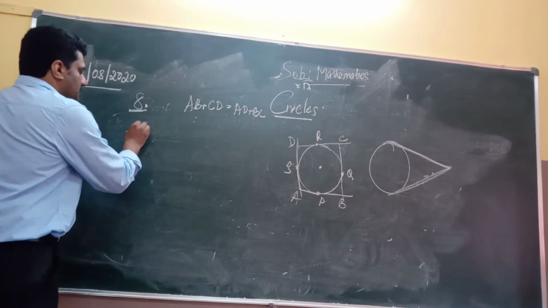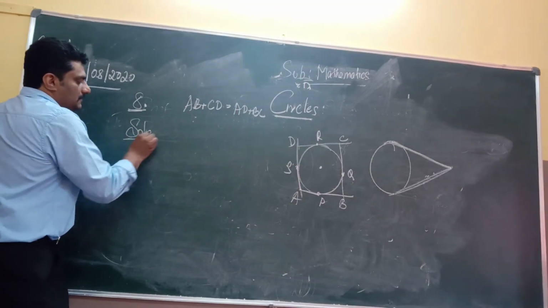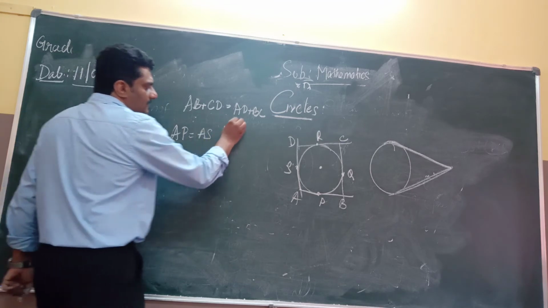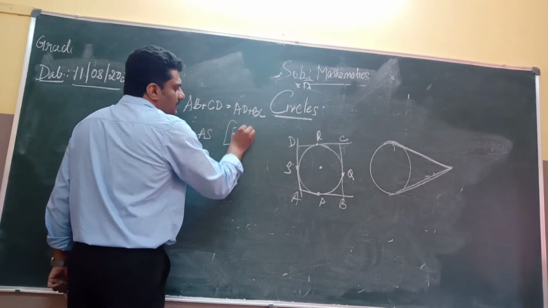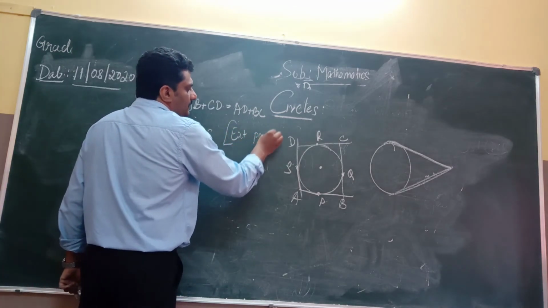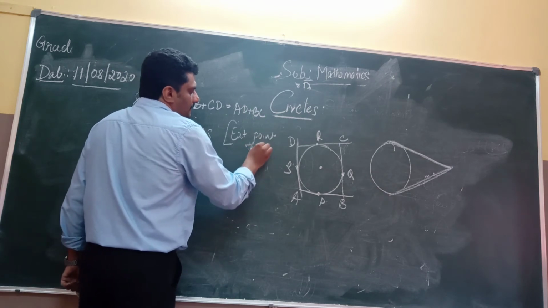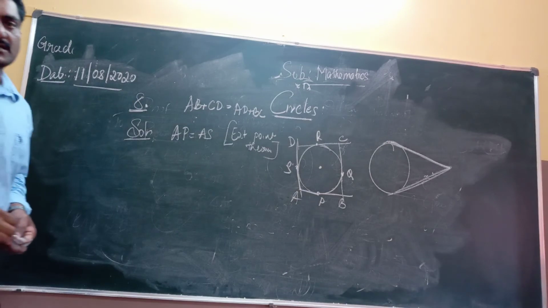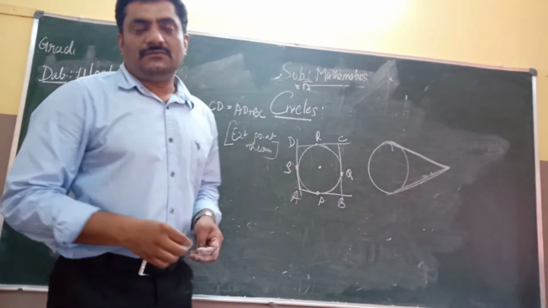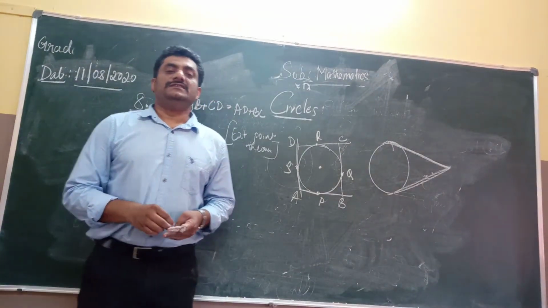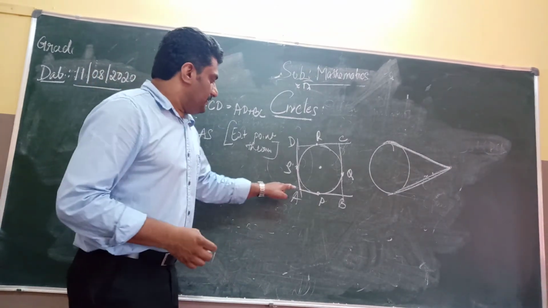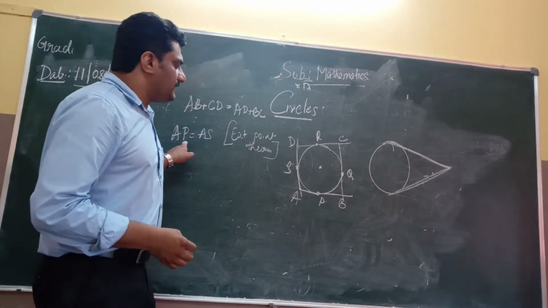You can directly write the solution. AP is equal to AS. Why? External point theorem. Either you can write external point theorem, or you can mention the lengths of the tangents drawn from the external point are always equal. This is done. AP is equal to AS.